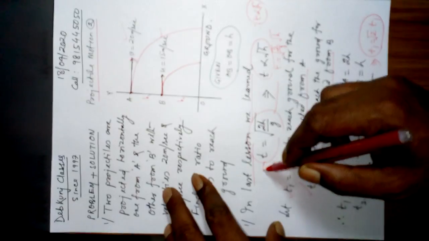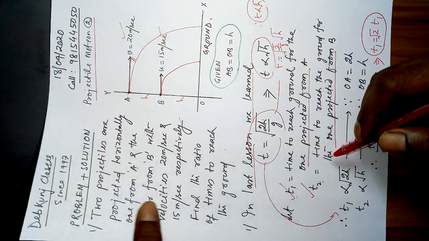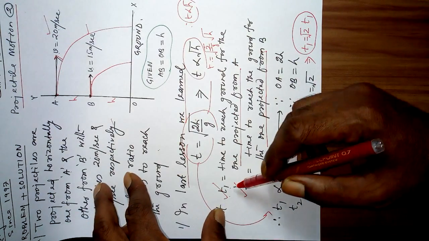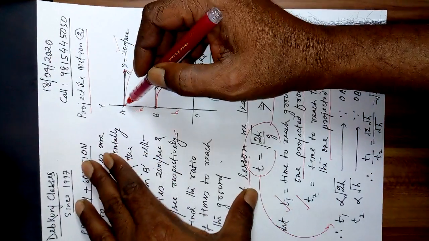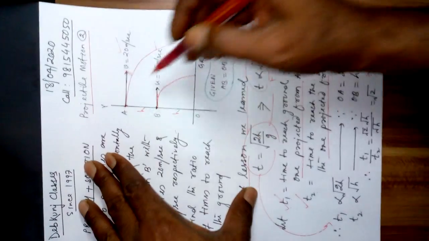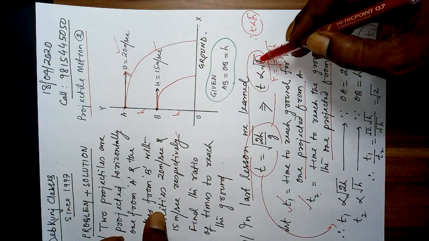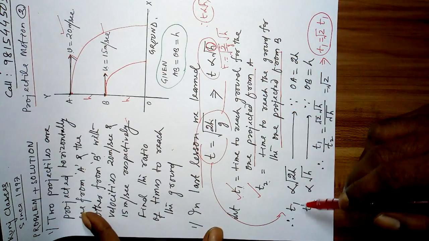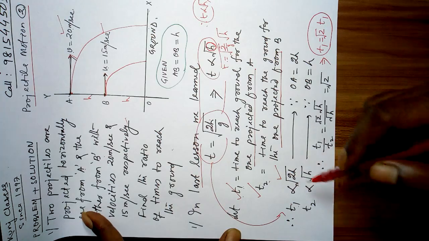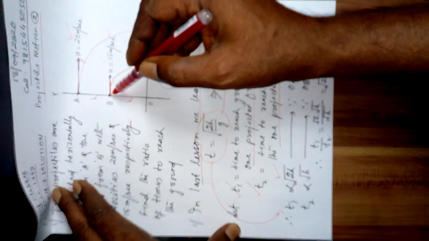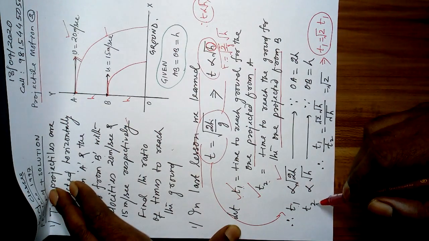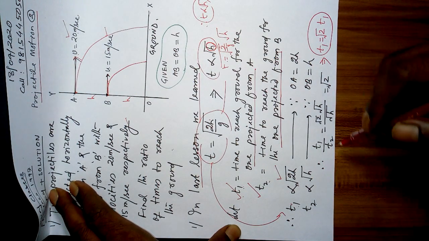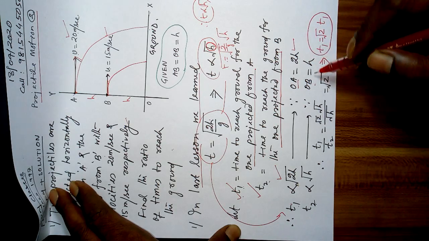So let us apply this. t1 is proportional to, for the one projected from A, the height is H plus H, 2H. So instead of H, I write here 2H. So t1 is proportional to square root of 2H. And the one that is projected from B horizontally, the height is H. So t2 is proportional to square root of H. Since OA is 2H and OB is equal to H.